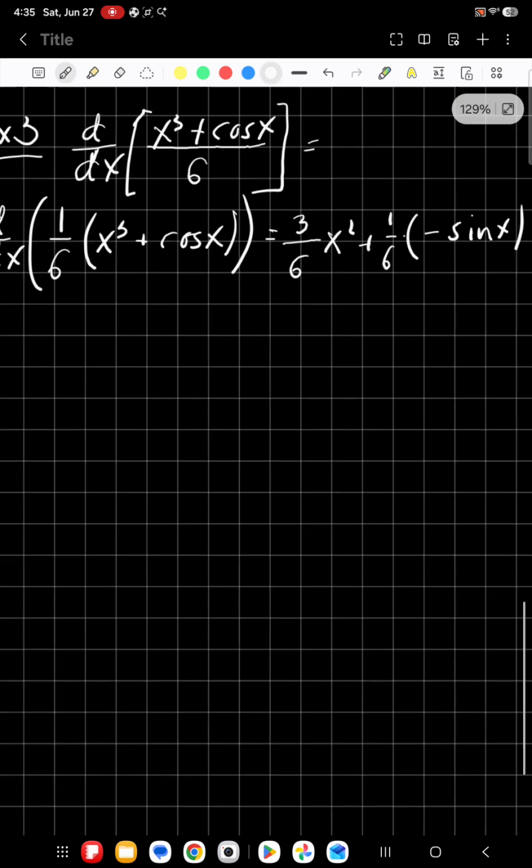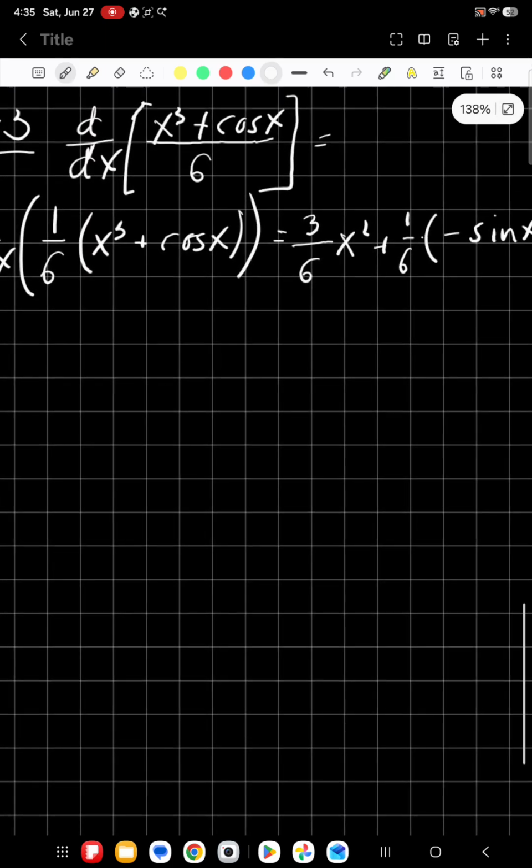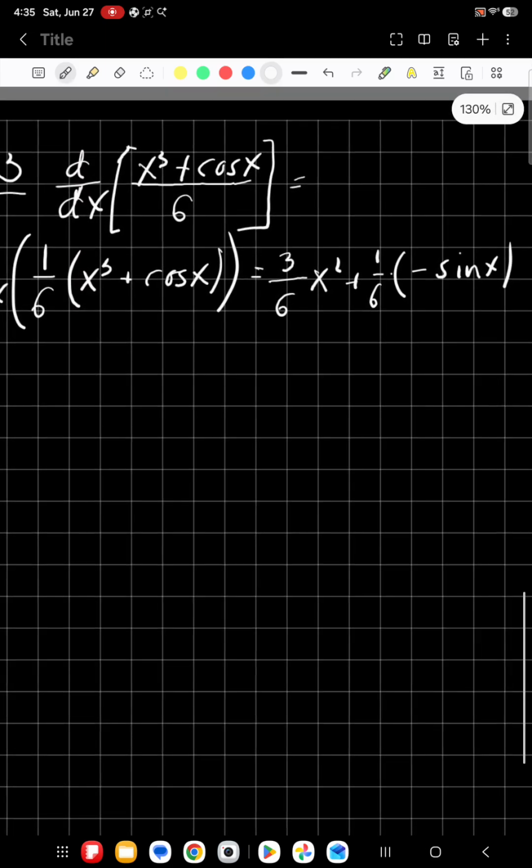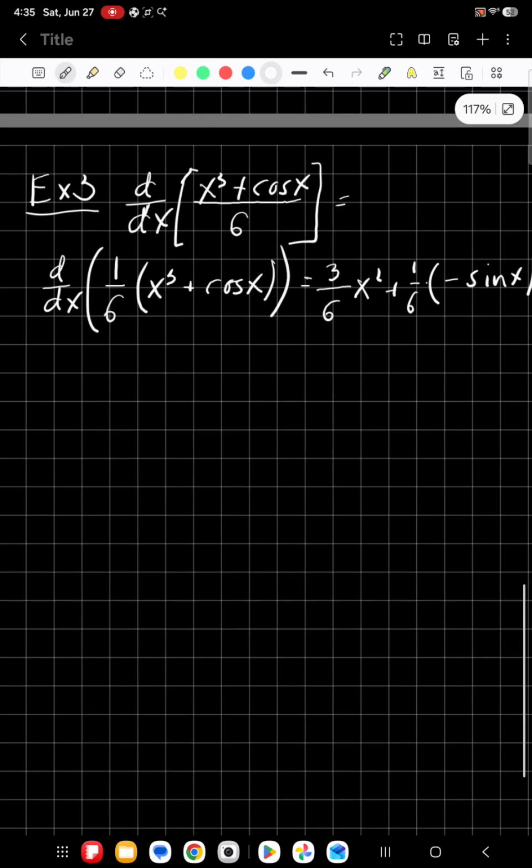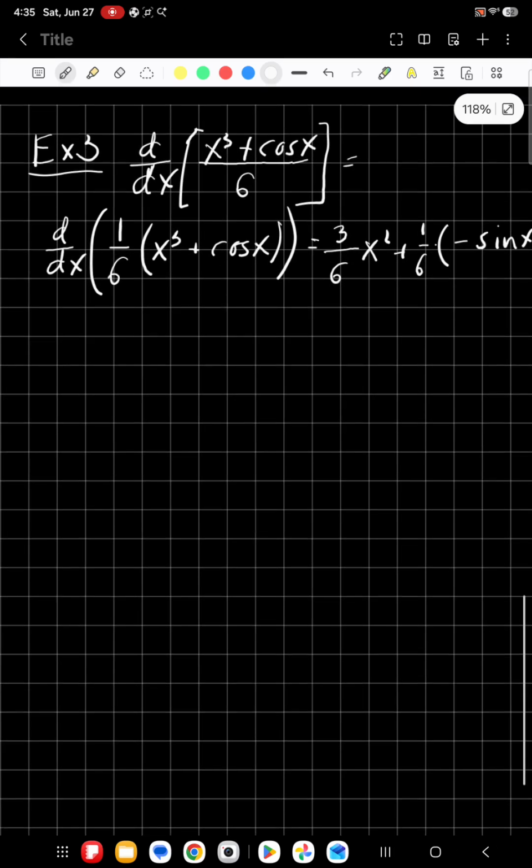Let's simplify a little bit. We have half x squared minus 1/6 sine x. All right, so this is the final answer.